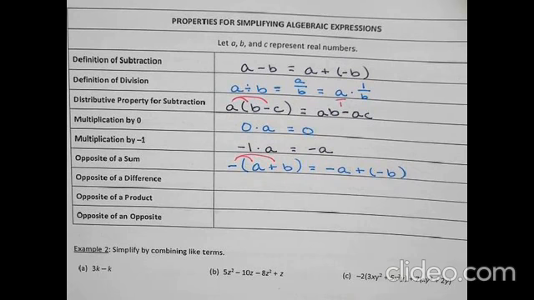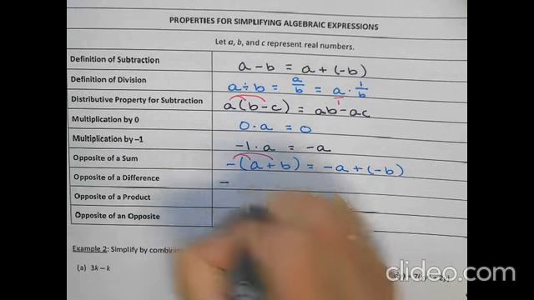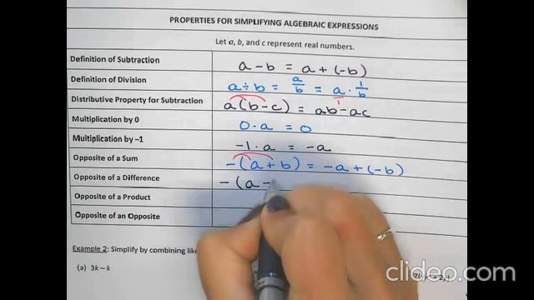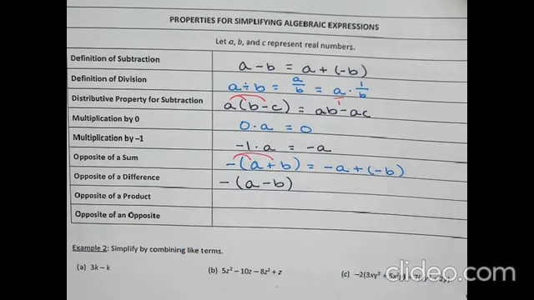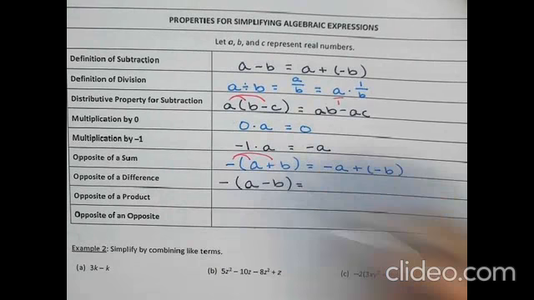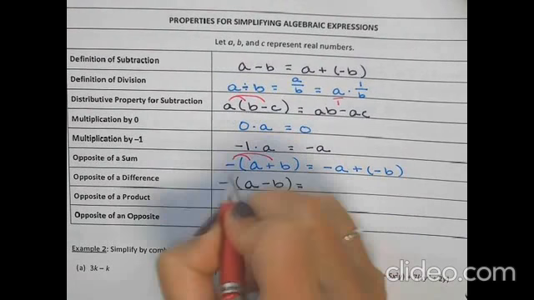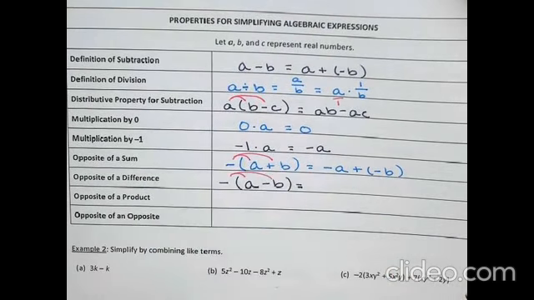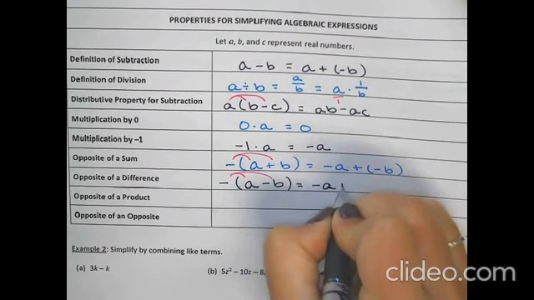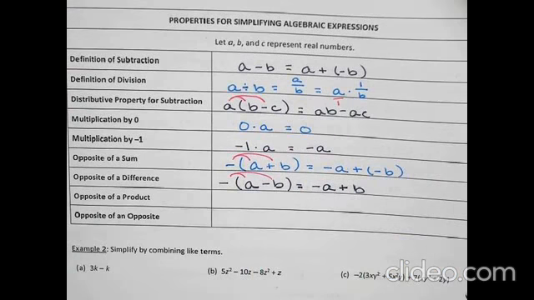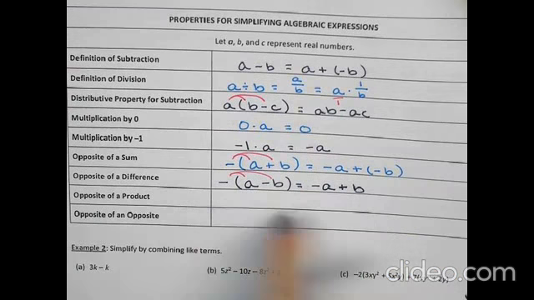If you had the opposite of a difference, so opposite of two numbers that you're finding the difference between, what would happen here is you'd also distribute that negative sign. So you would have -A, but you would end up with plus B because you're subtracting a negative.